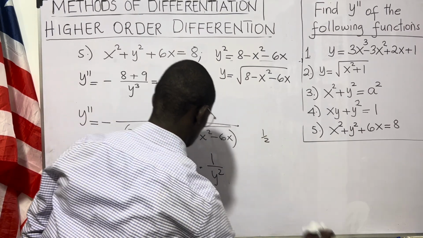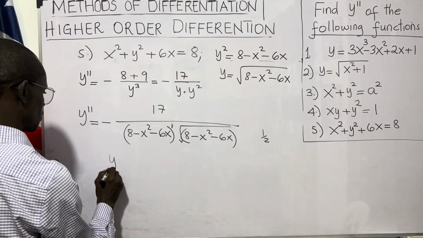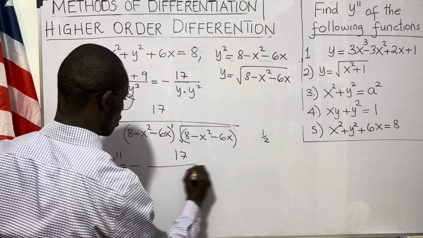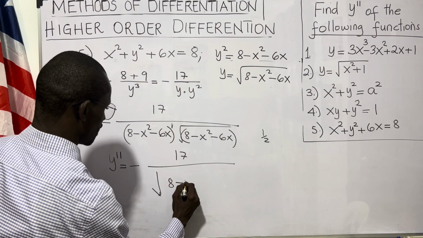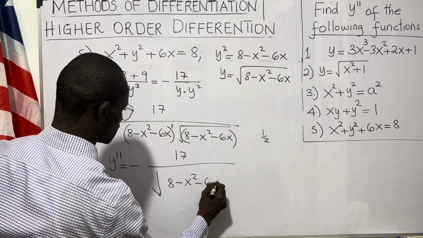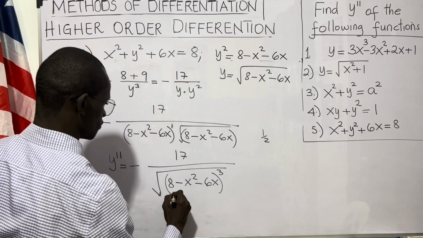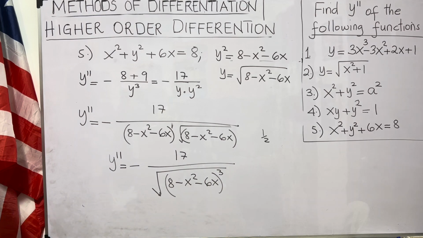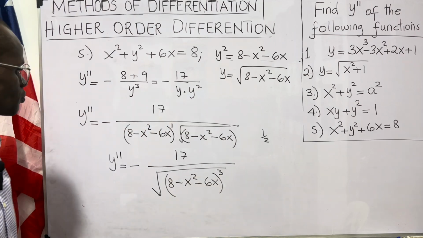So this can be rewritten as y prime prime equals negative 17 all over the root of 8 minus x squared minus 6x raised to the power 3. Yes. So this can be rewritten as negative 17 over the square root of 8 minus x squared minus 6x, all cubed.